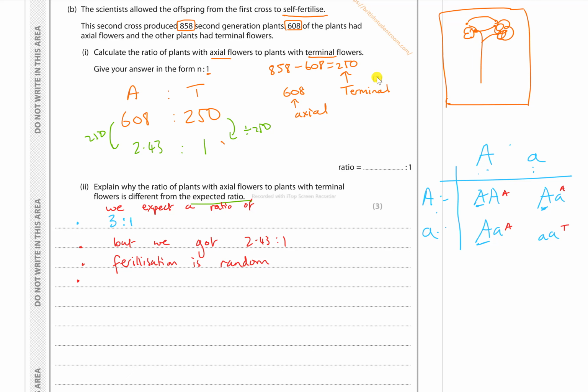So where's the third mark coming from? 1, 2, 3. So we can say maybe because also the same fewer axial flowers or plants survive and then germinate.